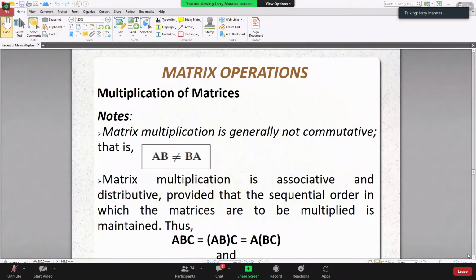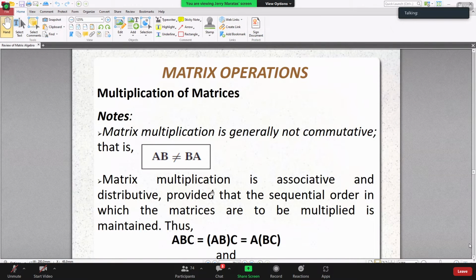Sige, so now I would like you to take note. Remember, matrix multiplication is different from algebraic or arithmetic multiplication. First, matrix multiplication is not commutative. So AB is not necessarily equal to BA, unlike in algebra or arithmetic.